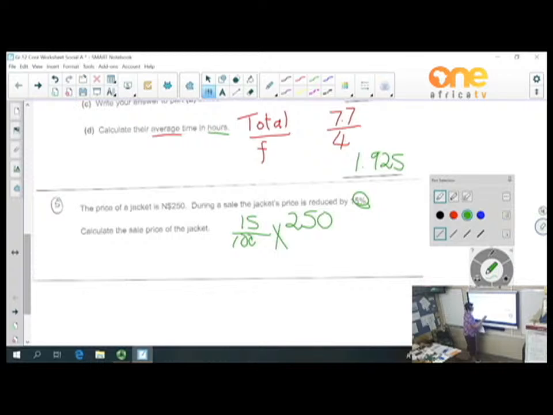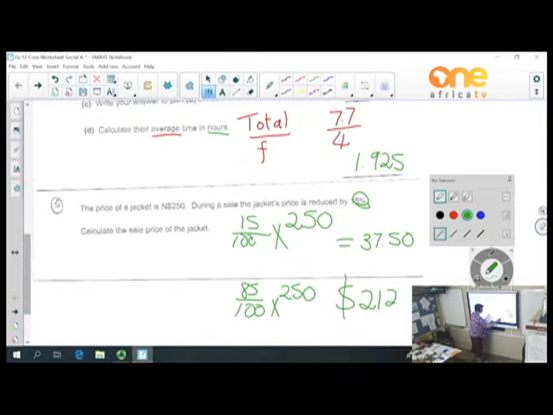So we can also say 85% of 250, and then you'll also get it. So I get here that the reduction is 37.50, and then if I subtract the two, my final answer is then $212.50. $212.50 for that one.